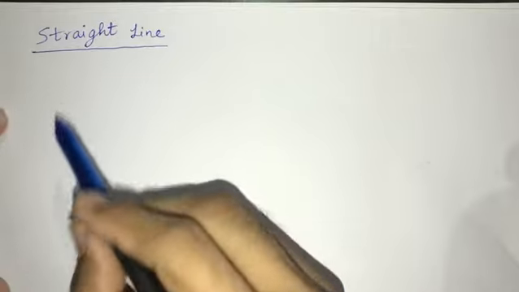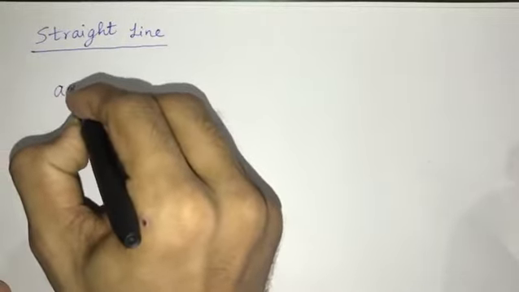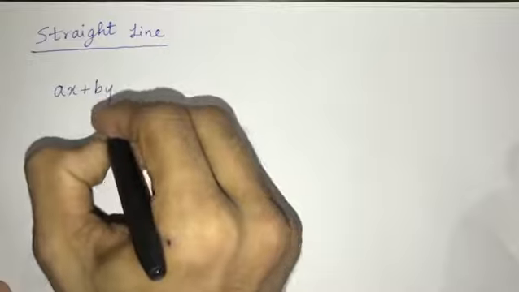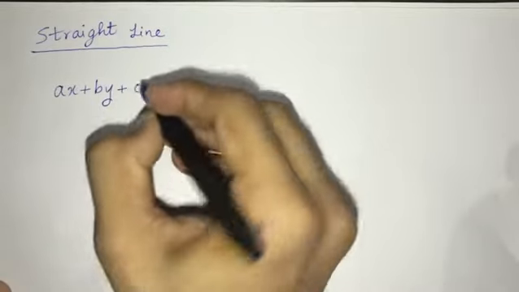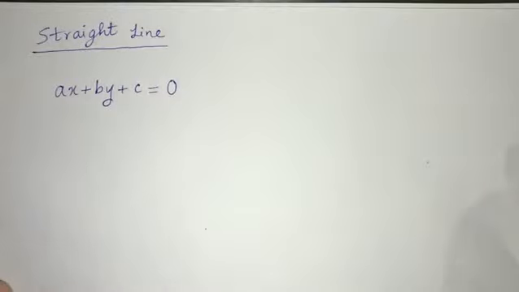In a straight line, the general equation is always of the type ax plus by plus c equal to 0. So a straight line is the linear equation which has the degree of x and y both as 1.